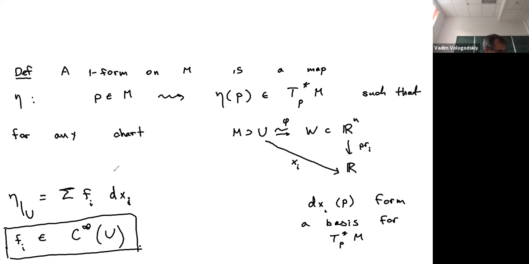Of course, it would be a pain to check that a map eta like this is smooth, because you have to verify something for all charts, right? But fortunately, it suffices to do it for an atlas. So here is a remark.